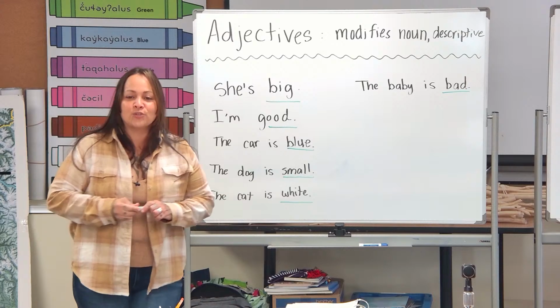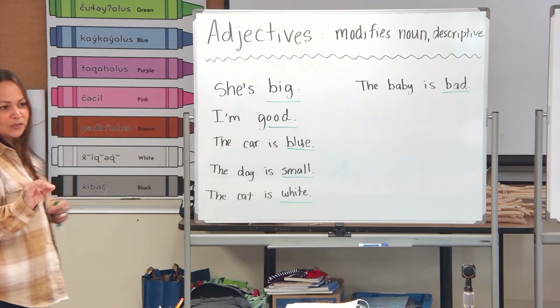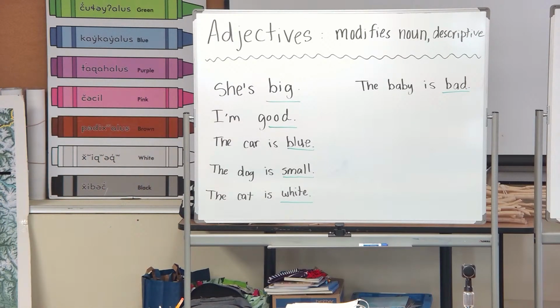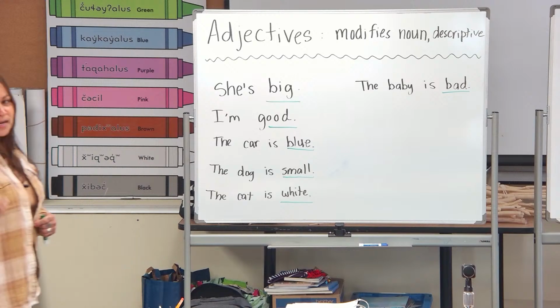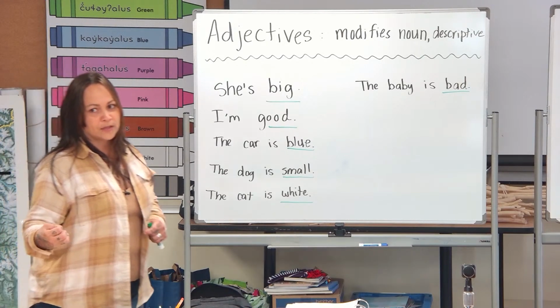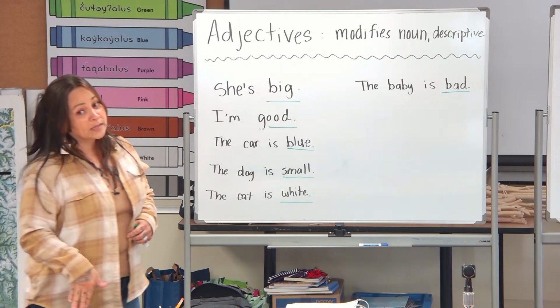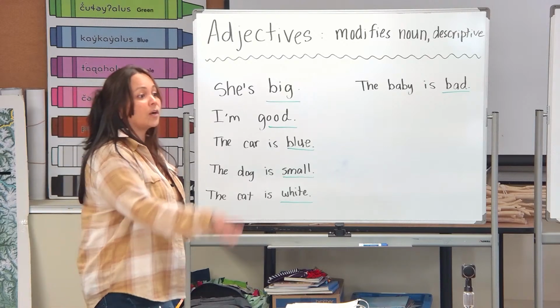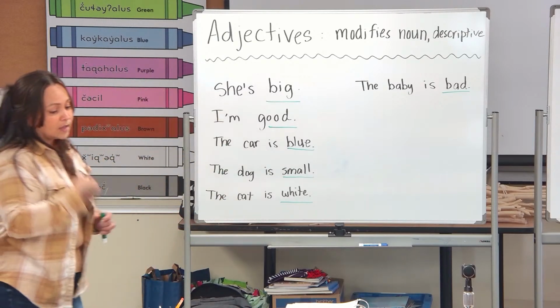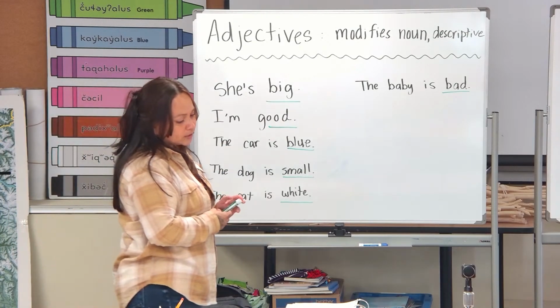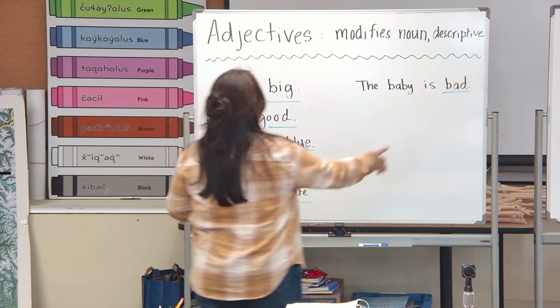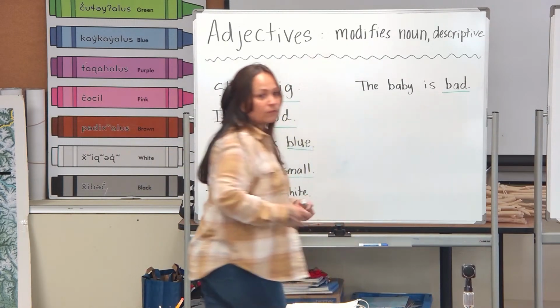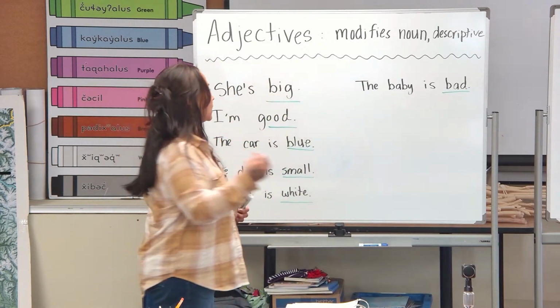What we run into, and this is that little disclaimer that I gave earlier in the week. We say that we talk about the nouns first. We don't say we always talk about the nouns first, because there are cases where another word goes in front of that. For our adjectives, they are what we're going to talk about first, because it's describing.